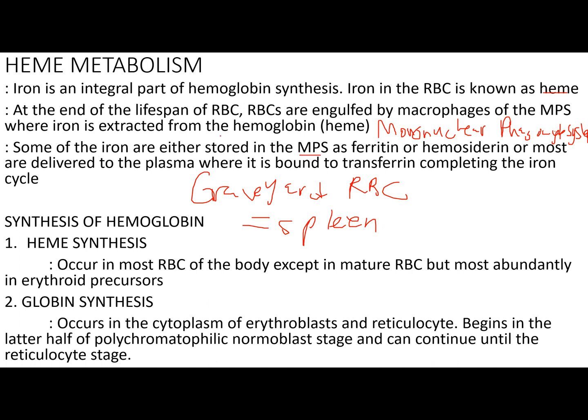So, those iron, class, would go to the macrophages. So, after engulfing or phagocytizing the old RBCs, the iron would be either stored in the macrophages as ferritin, or it would be stored as hemosiderin, or most are delivered to the plasma where it is bound to transferrin, completing the iron cycle.